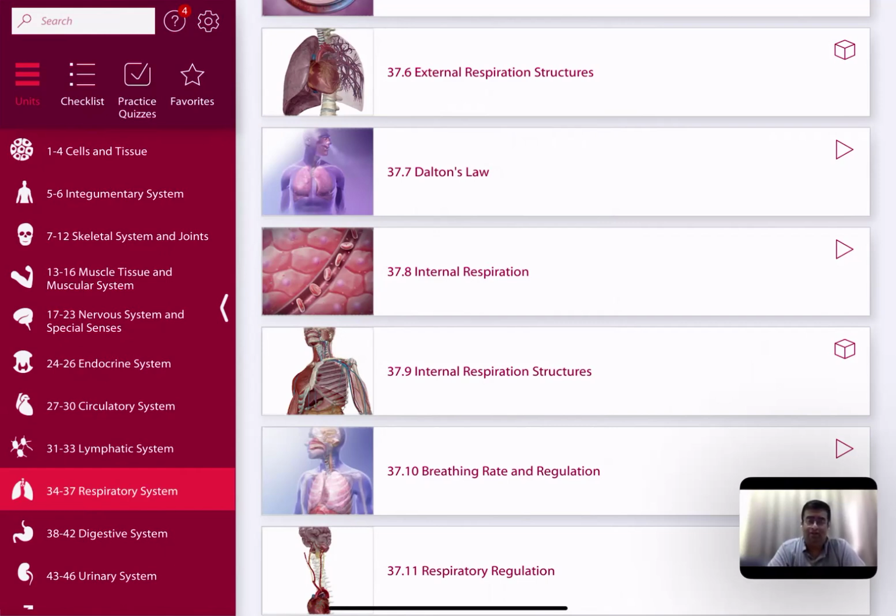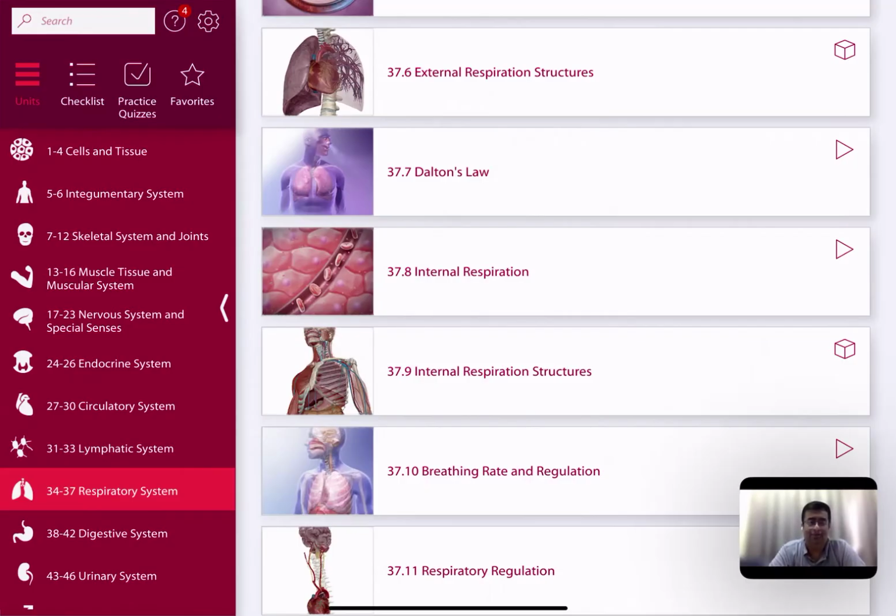Now, the products of anaerobic respiration in plants and animals are different. In animals, the end products of anaerobic respiration, also called anoxybiotic respiration, are 2 ATP molecules and lactic acid.